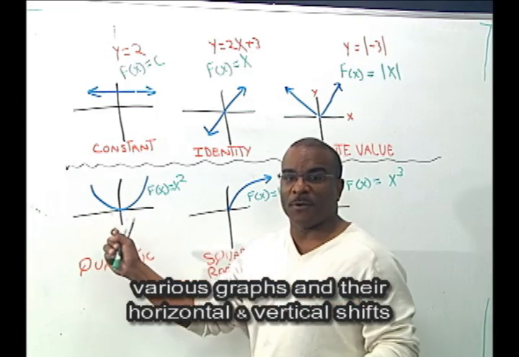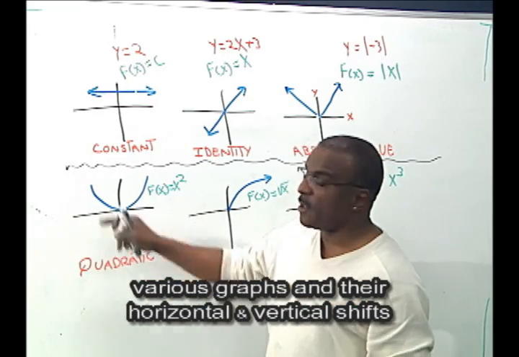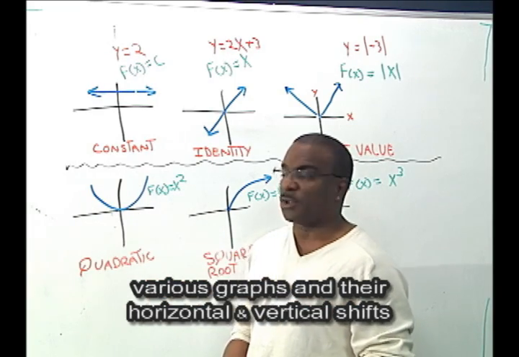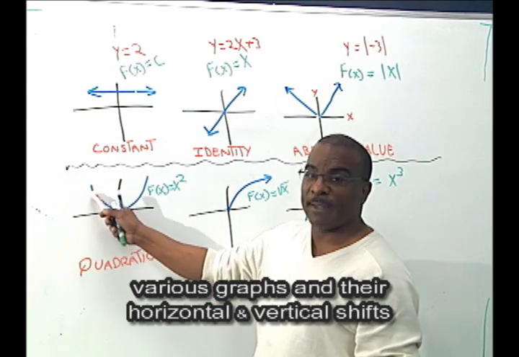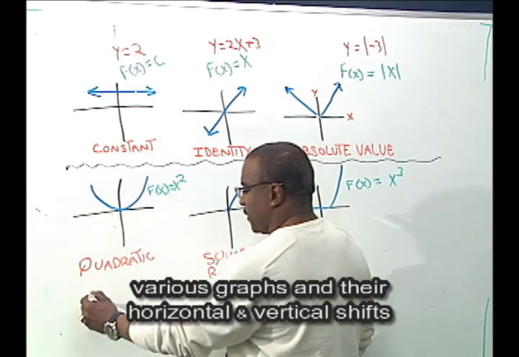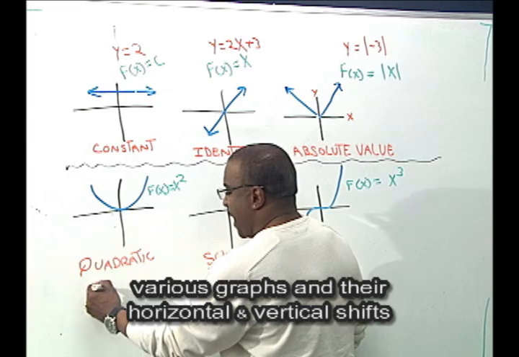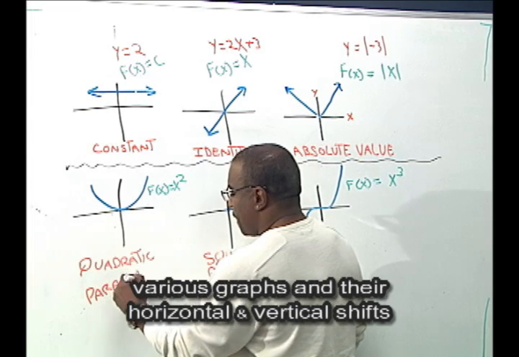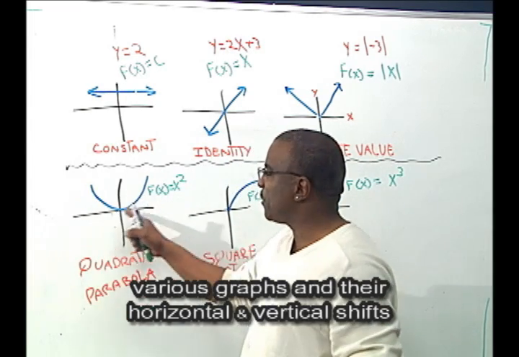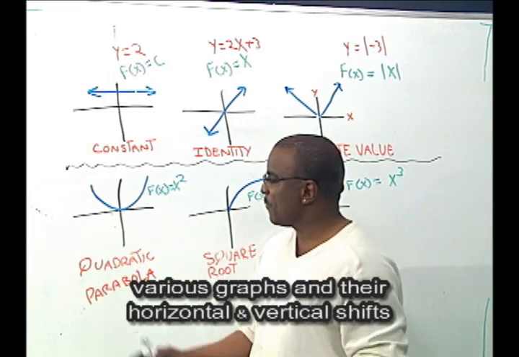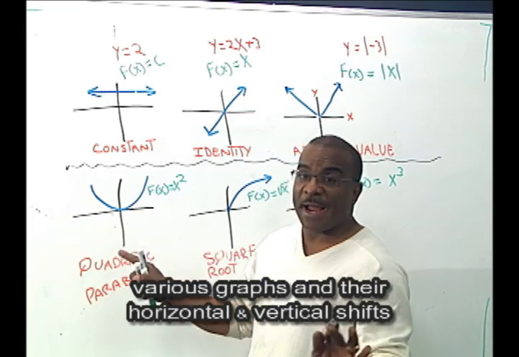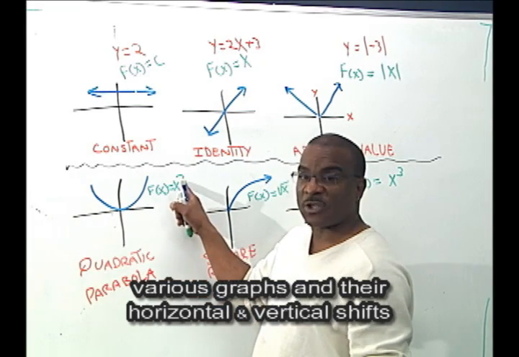This is a popular function that you see a lot. Many of you know this as a quadratic function. In fact, it looks like a bowl, and some of you have heard the expression parabola. So the shape of this is called a parabola, but this is a function. The irony is it has a square value.